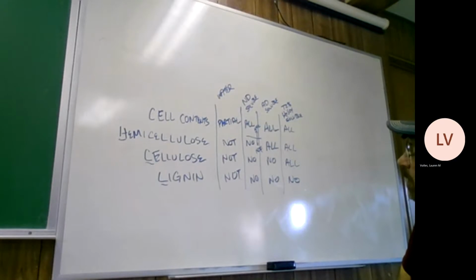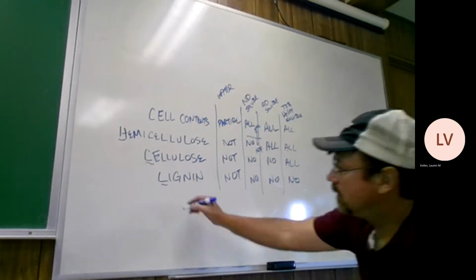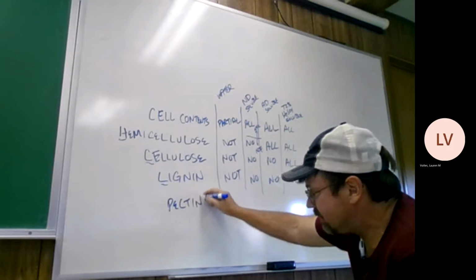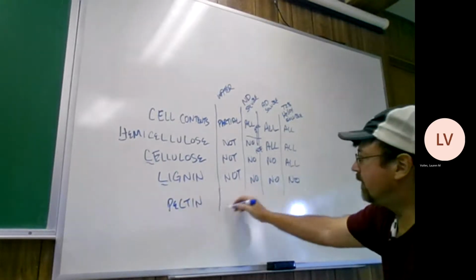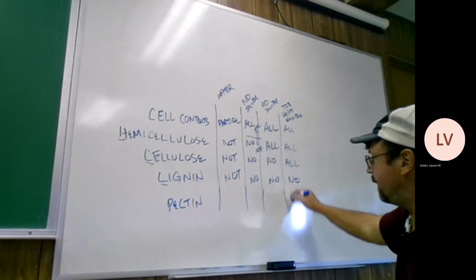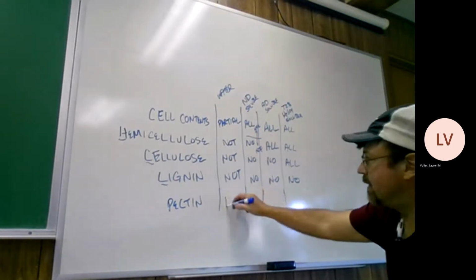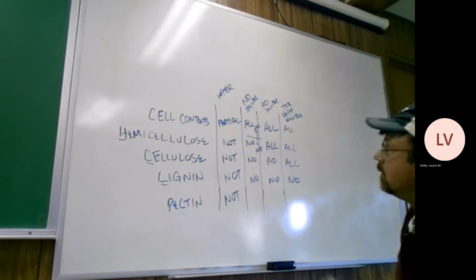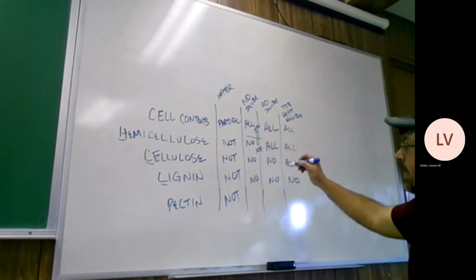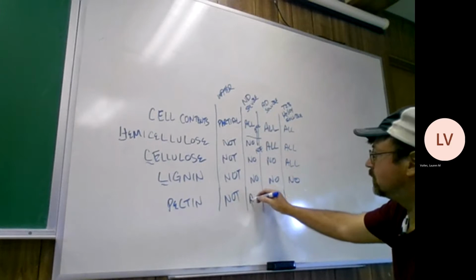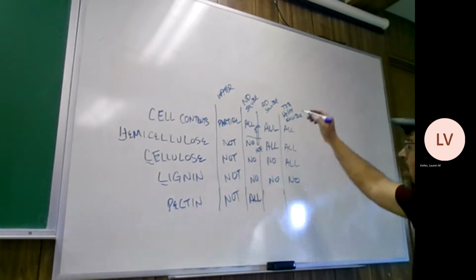So if you really want to throw a wrench into this, you could add pectin, which we really didn't talk about in this class, so this is bonus. If it gets confusing, just skip it because it won't be on the test. But pectin is not soluble in water. It is soluble in ND.